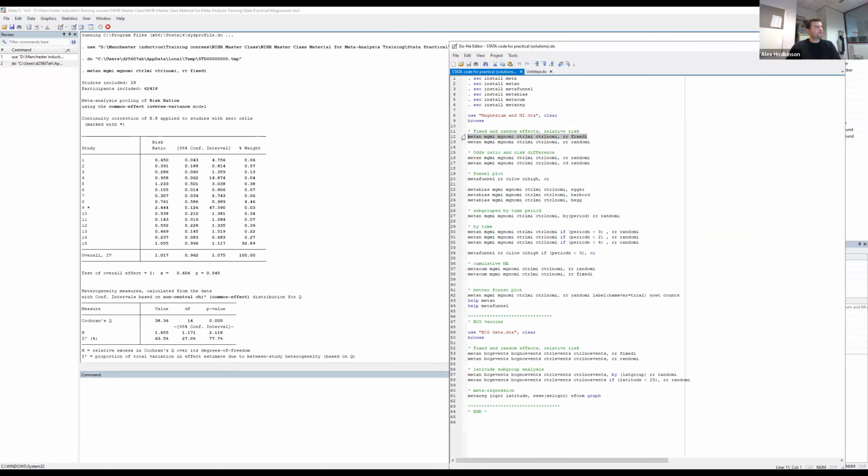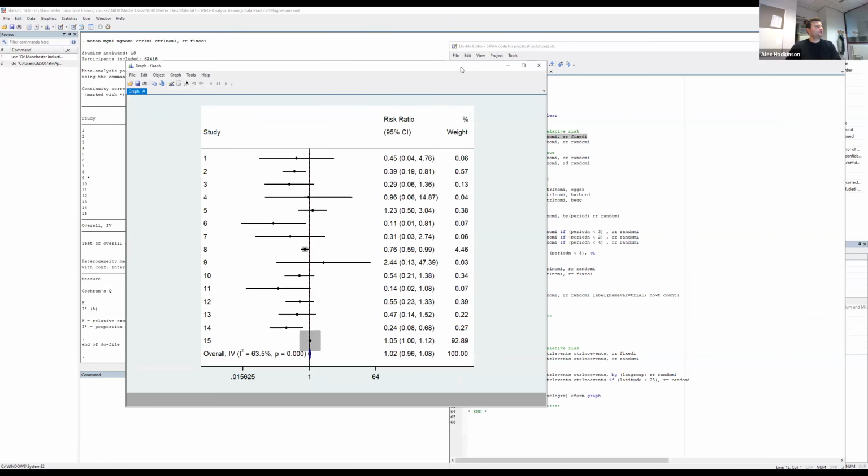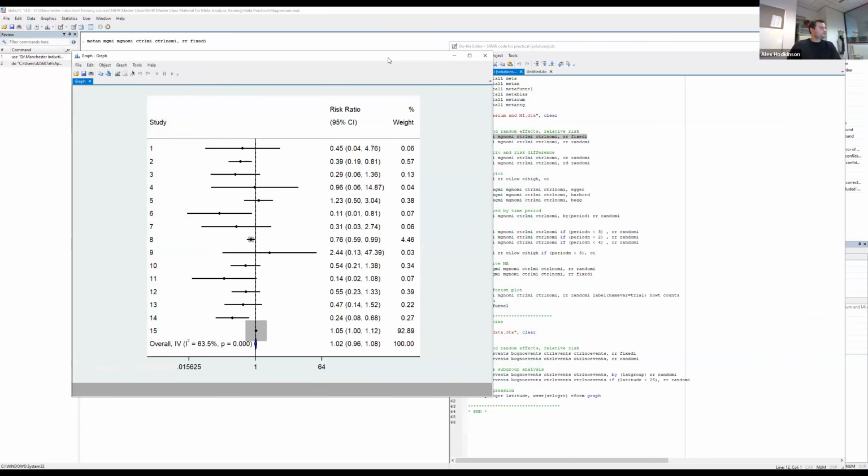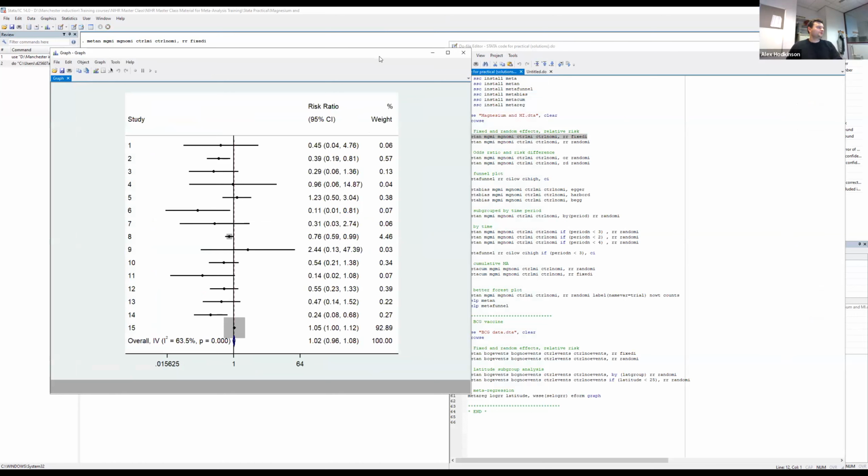Just run it again. Oh, there we go. Okay, right. So the first question is, what do you conclude from running a fixed effect, inverse variance, pooled meta-analysis? So what you can see, the pooled effect is this one at the bottom, the 1.02 with a 95% confidence interval of 0.96 and 1.08.